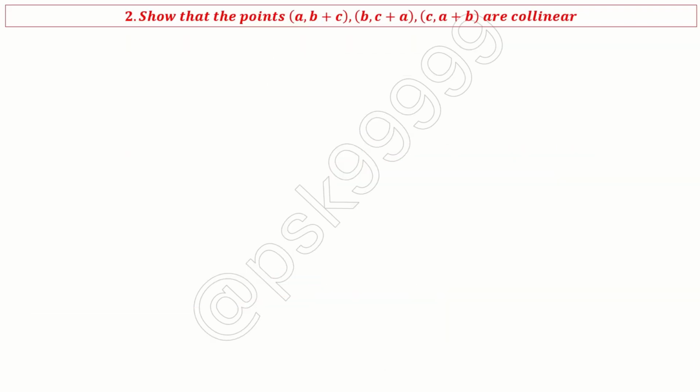Next, the second type of problem is that instead of numbers, they may give some algebraic expressions and then ask you to check whether the area of the triangle is some fixed number or whether the points are collinear. For example, a comma b plus c, b comma c plus a, c comma a plus b are collinear. You have to prove that. The collinear condition is that the determinant should be equal to 0.